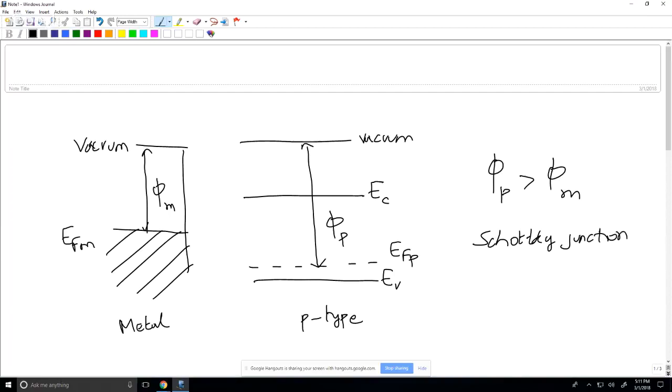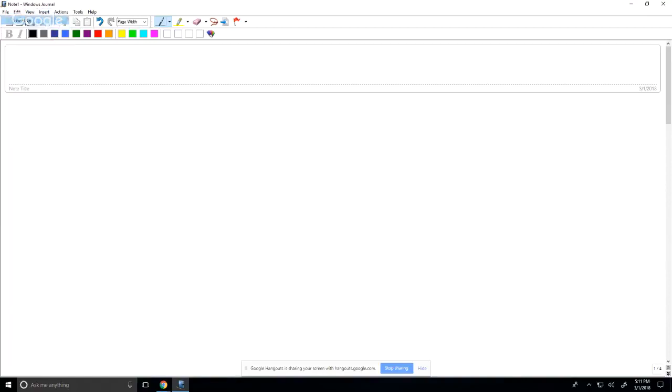So a question is, how do we draw a Schottky junction and why is that important? The rule is, whenever we draw a junction at equilibrium, the Fermi levels in the junction should essentially be aligned. So when we draw the Fermi levels aligned, here is the Fermi level on the metal side, and here's the Fermi level on the semiconductor side.